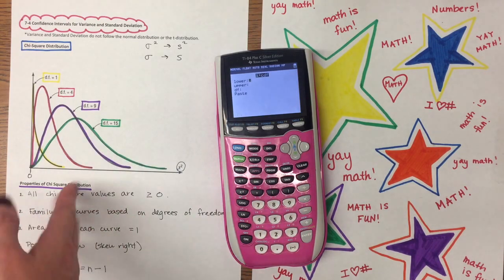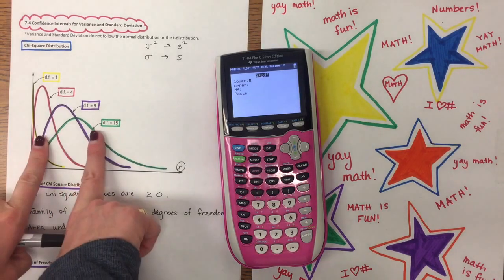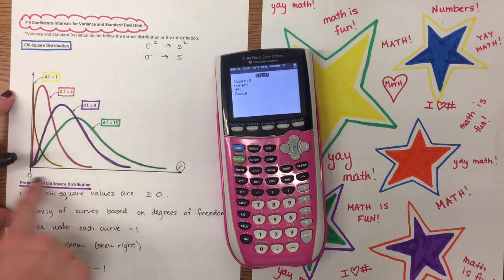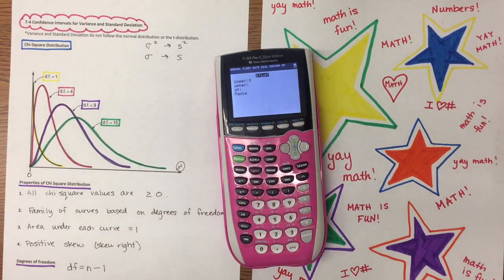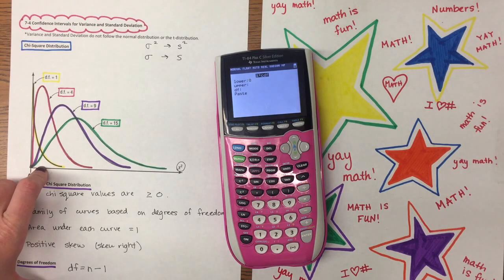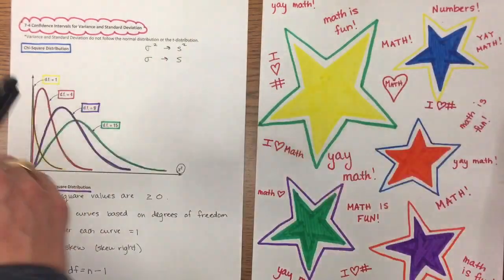If I have some limits on my chi-square axis, it will tell me the area under the curve. And what we've been doing when we're looking for a critical value is we have an area under the curve and we want a chi-square value, so we're not going to be able to use the calculator. So I'm going to put the calculator aside for now.